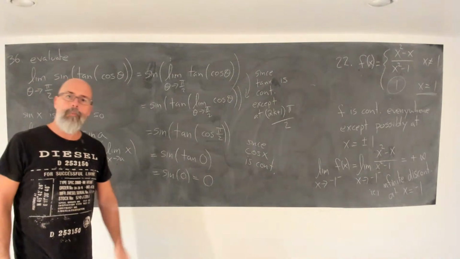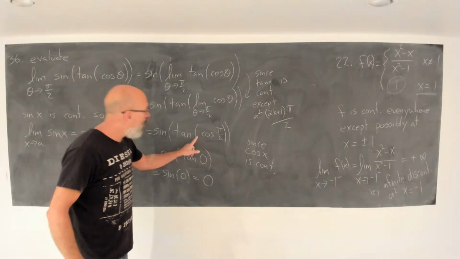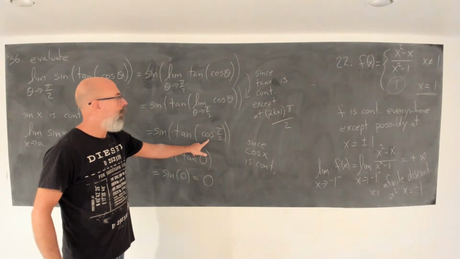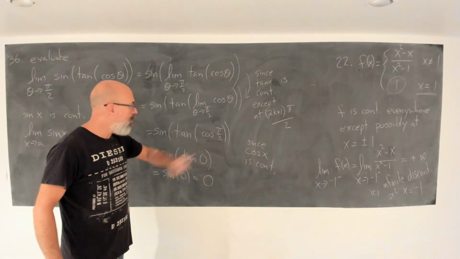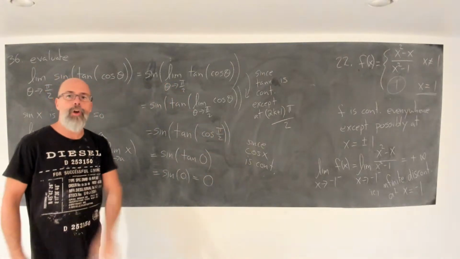Kamal is asking, isn't pi over 2 an odd multiple of pi over 2? Yes, it is. But it's cosine of pi over 2 that we're interested in. Is cosine of pi over 2 an odd multiple of pi over 2? And it is not.